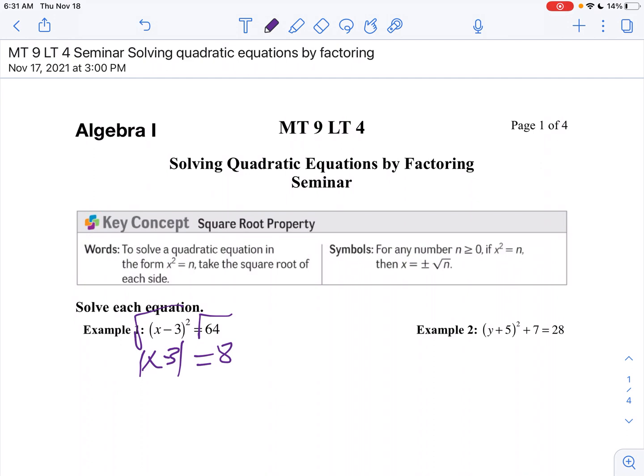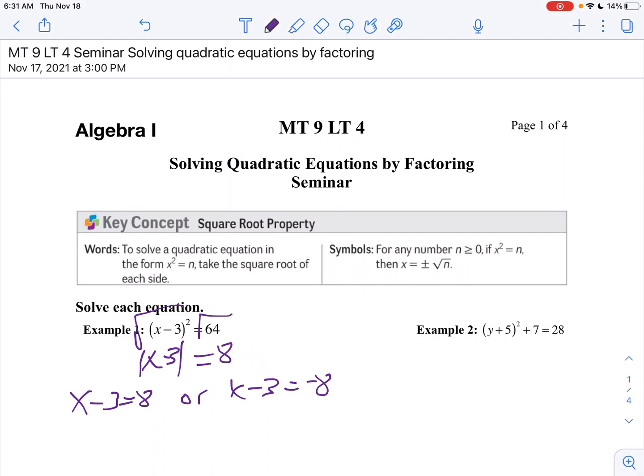Well, to get rid of the absolute value, we make two cases. We say x minus 3 equals 8, or x minus 3 equals negative 8. A lot of times you'll notice that we'll skip the second step and go straight to the third step.